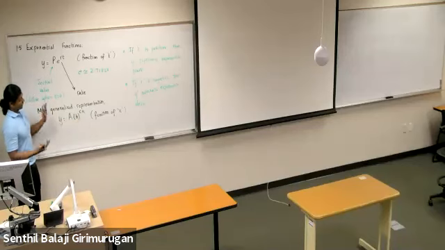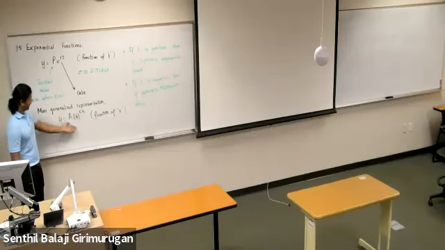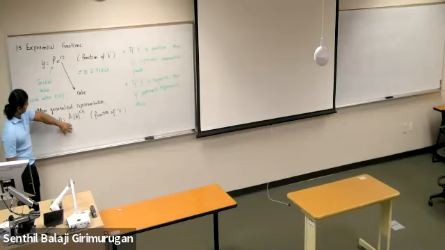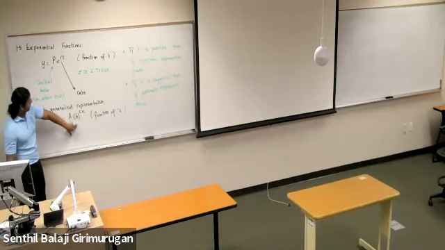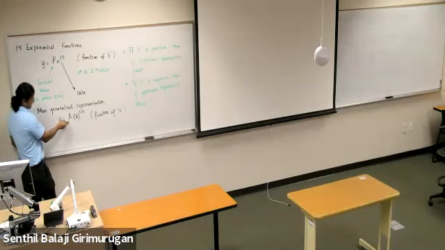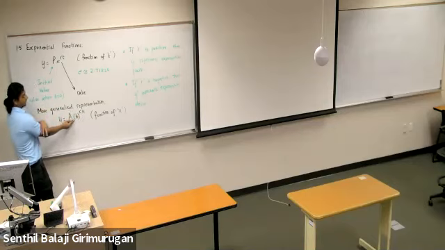Either think of the alphabet or ABC. So a would be the initial value, in this case x equal to 0. b, if you go back to that, what is the value of b? e.